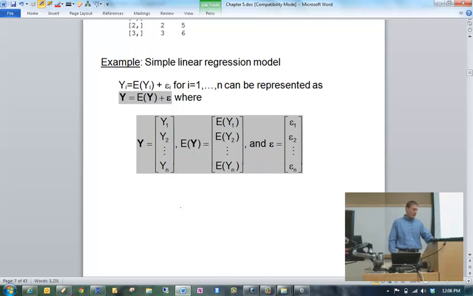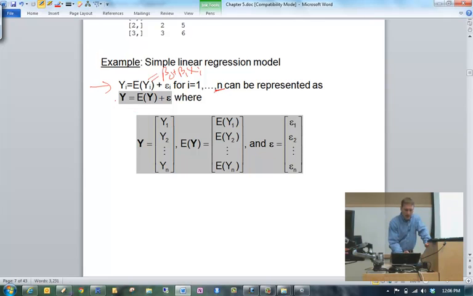So, what does our regression model then look like if we were to write it in terms of matrices? This is the first time that we've done this. Previously we've written out our model like this: Y sub i is equal to the expected value of y plus epsilon sub i. Of course, the expected value of y sub i is beta 0 plus beta 1 times x sub i. Well, this is for a sample size of n.